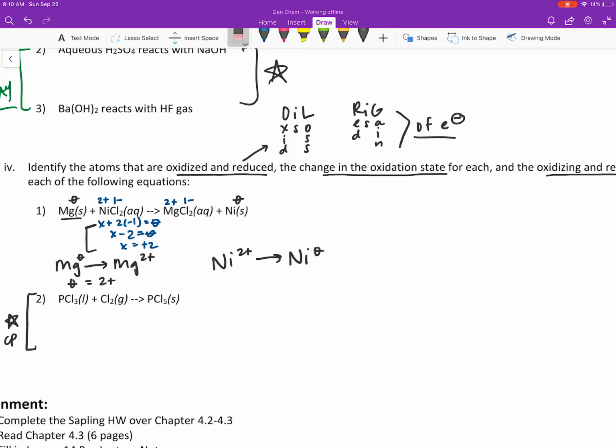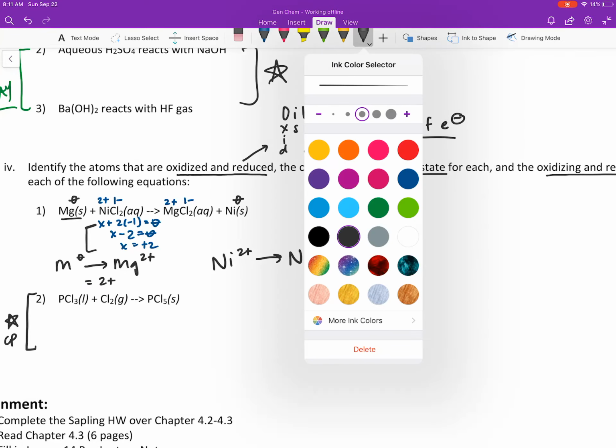If I add 2 electrons to the left, I put 2 negative charges on the left with my 0, and that's like saying 2 minus equals 2 plus. And we know that that's not true. That can't be true from algebra, okay?